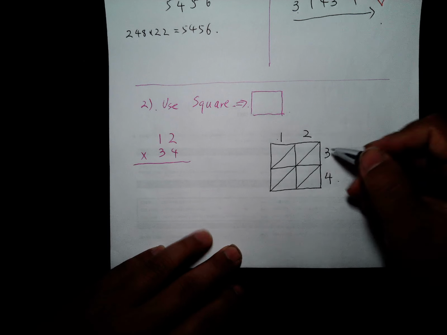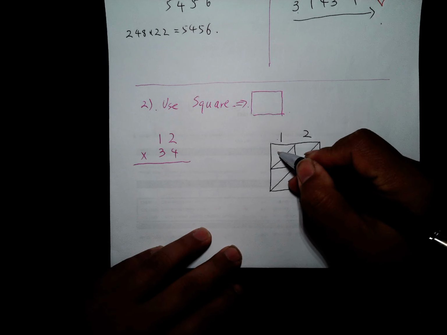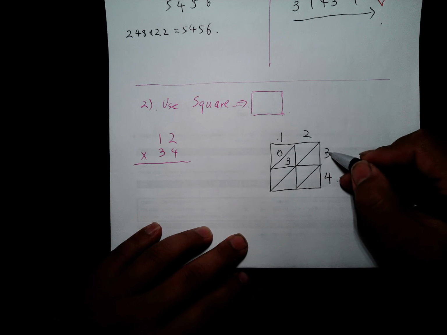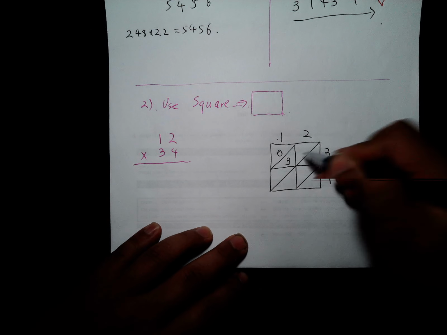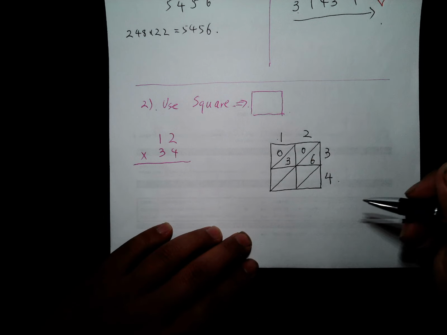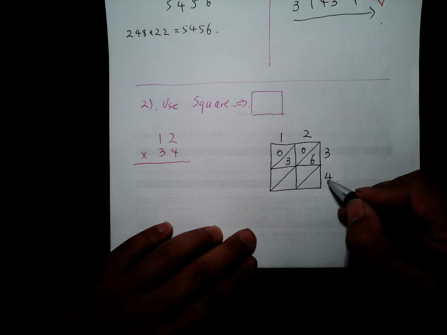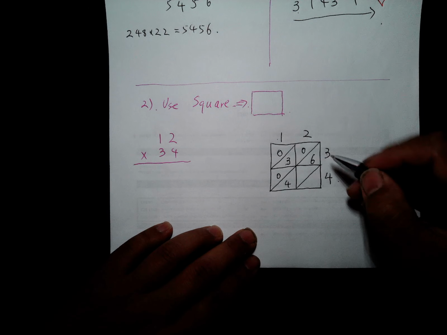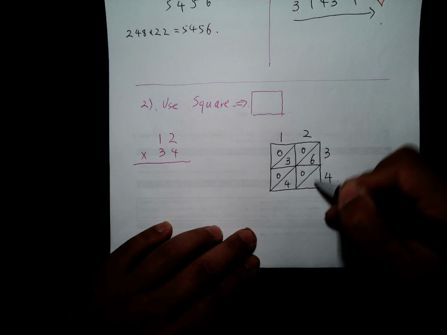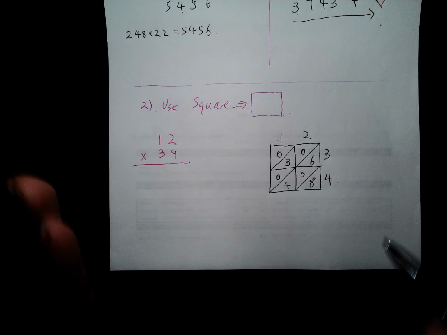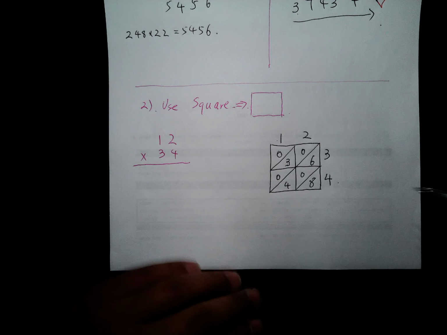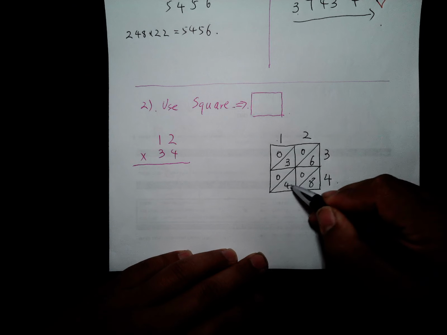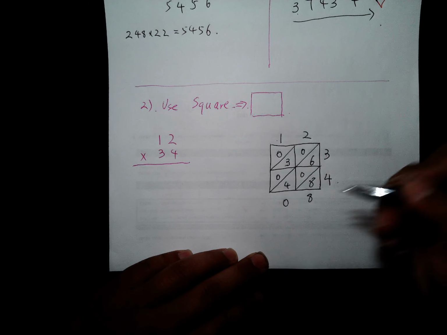1 times 3 gets 3, put it there because this is the tens one, so 0. The second one, 2 times 3 is 6 by 0. The next one is 1 times 4 is 0 for 4. The other one is 2 times 4 is 0, 8. Next we need to make the plus. So 8 for here, 4 plus 6 is 10.